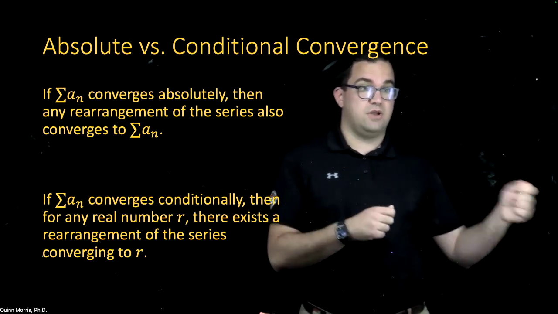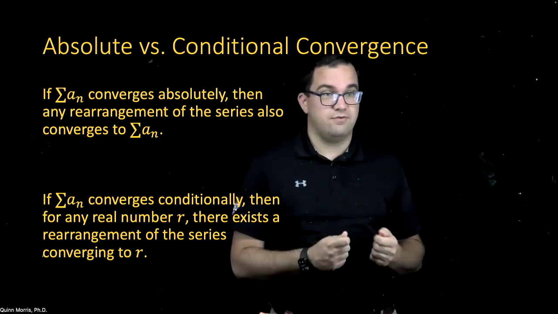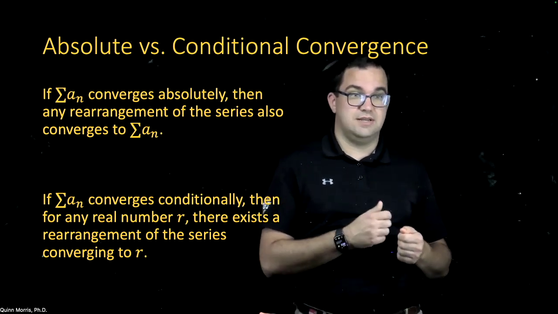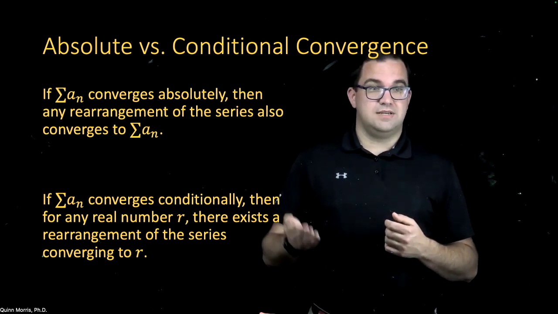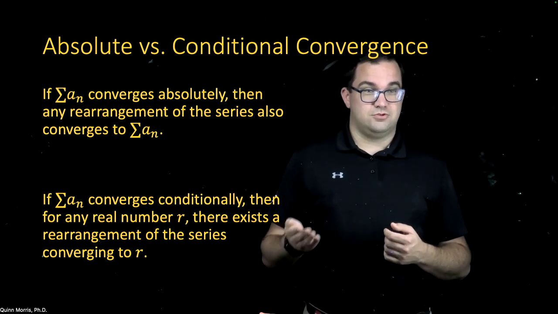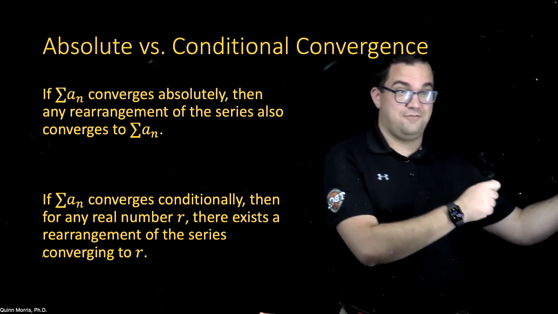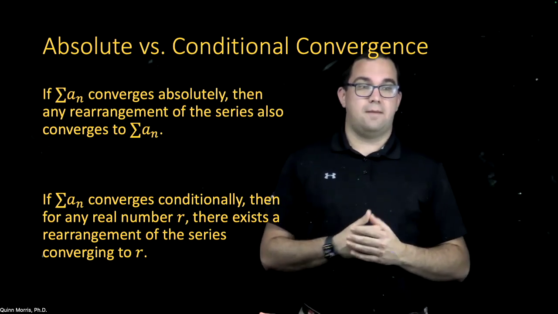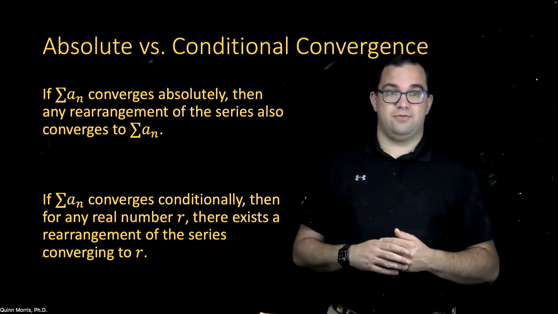But you could also rearrange the terms so it converges to 73. And you could rearrange the terms so it converges to negative e to the fifth. So when things converge conditionally, strange things can happen. I can rearrange terms and get different sums for my series. But that's also a really powerful tool sometimes that we can take advantage of in math.